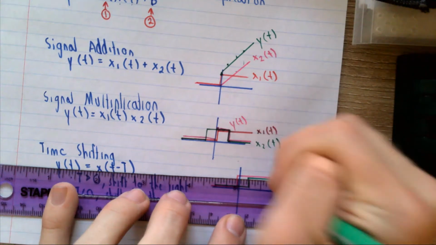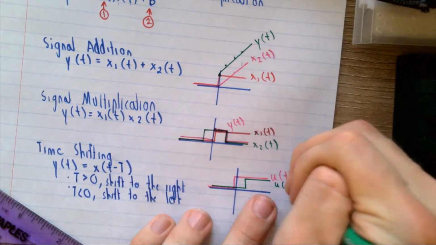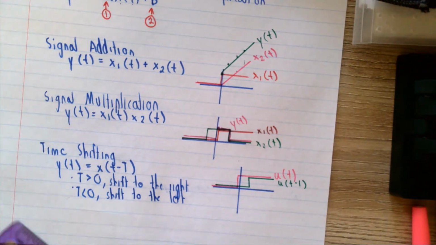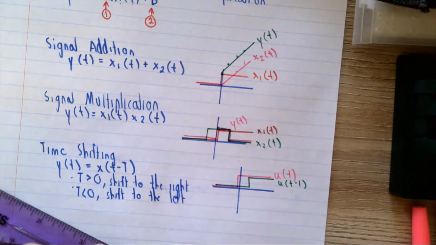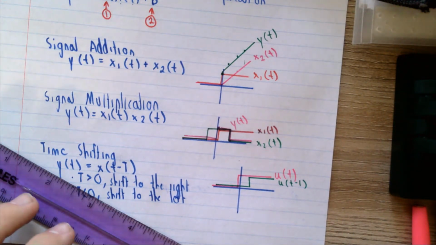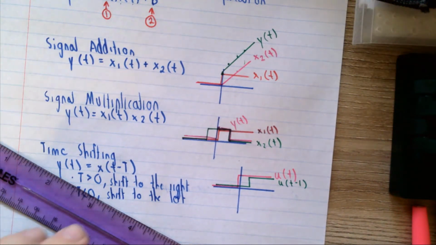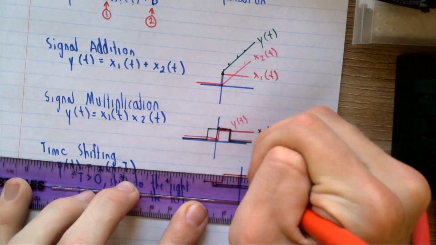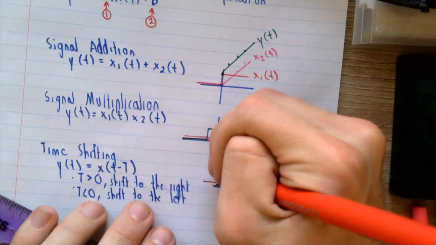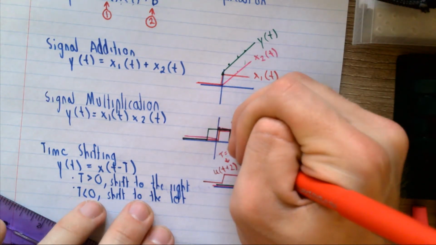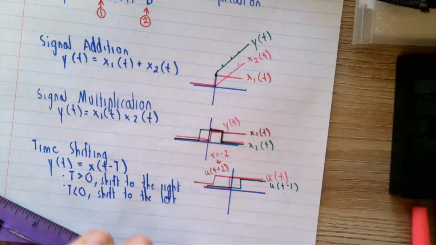And then if it's less than 0, so u of t plus 2, that would mean large T is equal to negative 2. That would be over here somewhere. And so that would be u of t plus 2, because this is where t is equal to negative 2, and this one was where t is equal to 1.